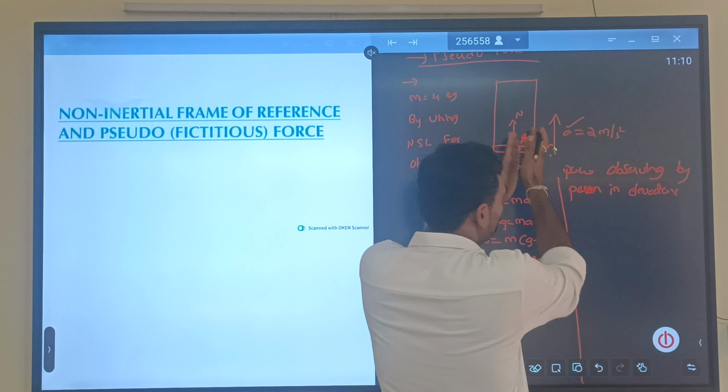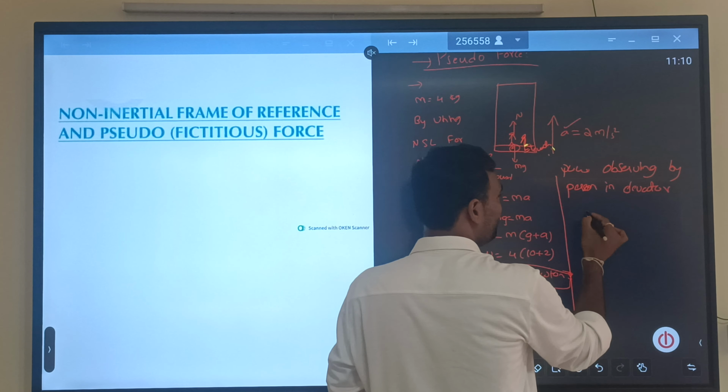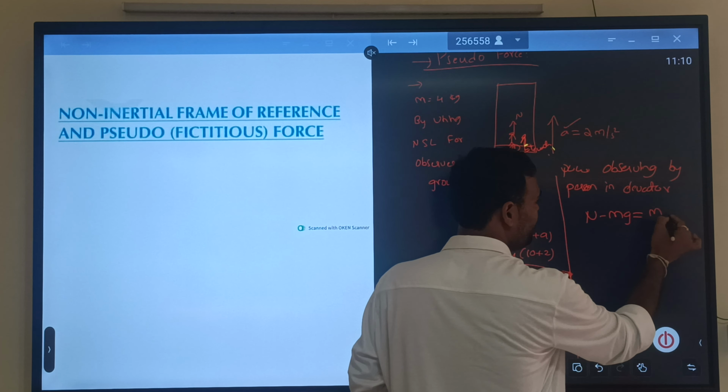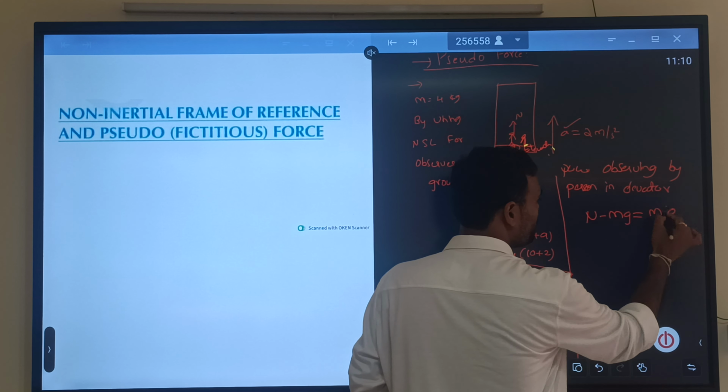So according to his perspective, he feels that N is acting in the upward direction and mg is acting in the downward direction, and since he is at rest with respect to himself, obviously N is equal to mg.